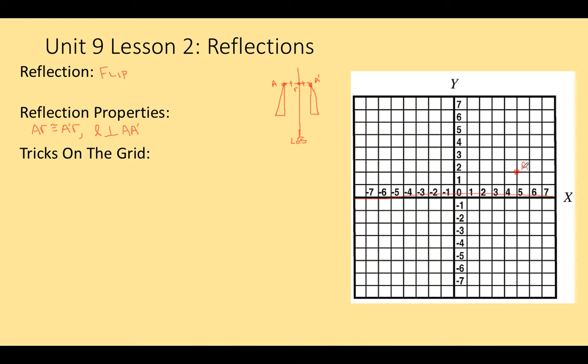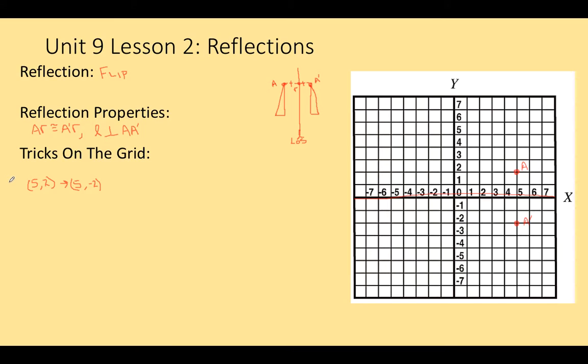We'll call this A. If we start out with 5, 2, and reflect this over the x-axis, you can see that when we reflect that, we'll call this A prime, we're at 5, negative 2. And so the numbers have actually stayed the same. It's just that the sign has changed on the second one.